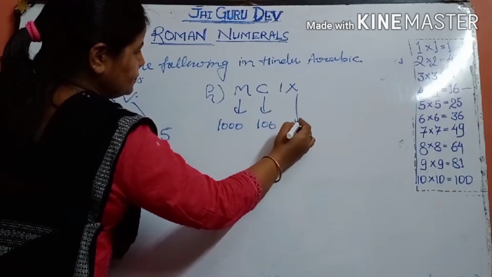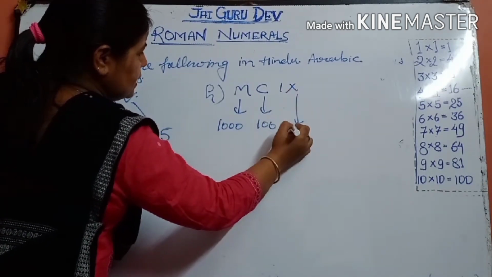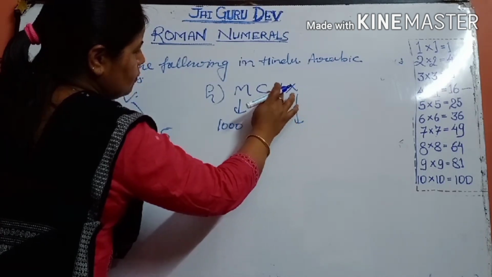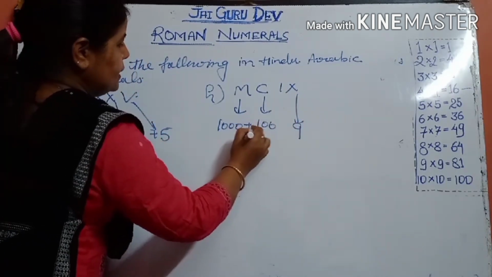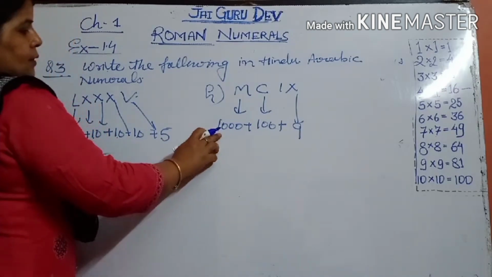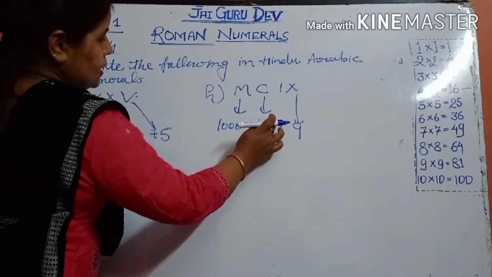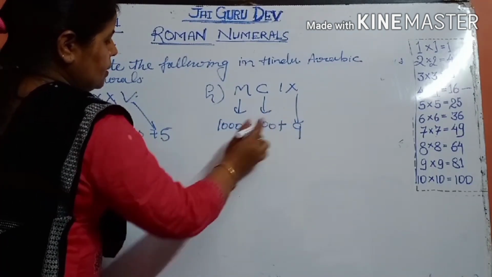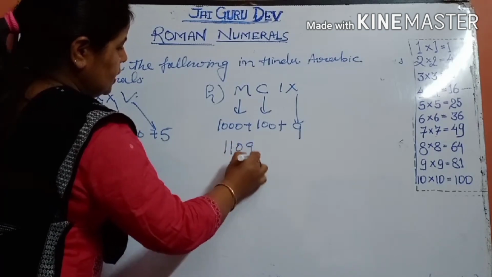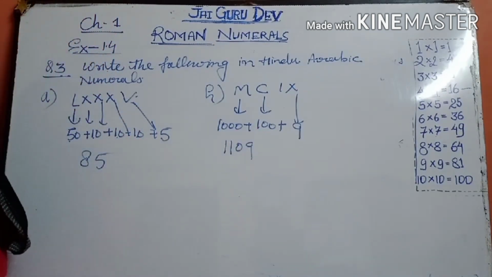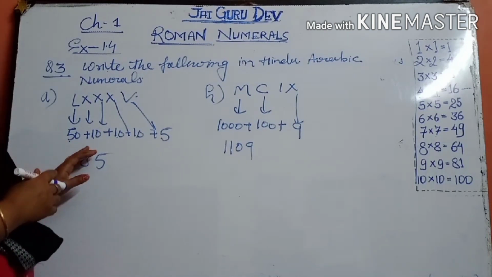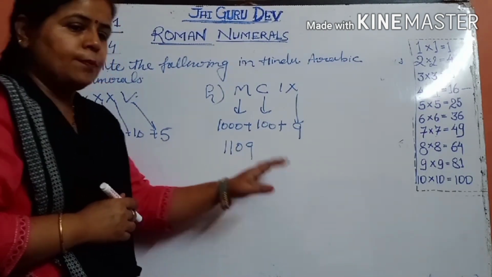IX means 10 minus 1, which is 9. Now add them: 1000 plus 100 is 1100. It will be 1109. So in this way you can do them. If you know the symbols, beta, it is not difficult to solve the problem.